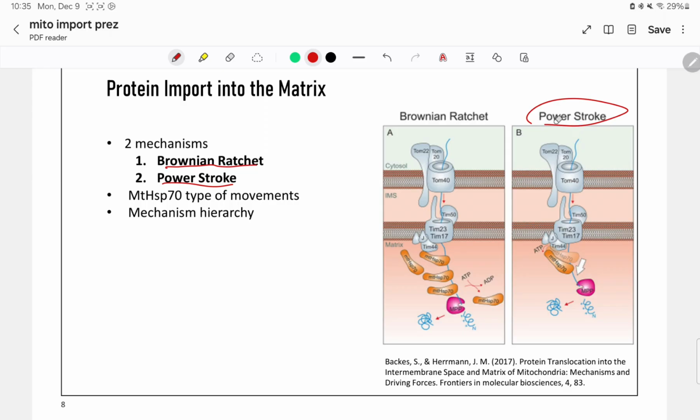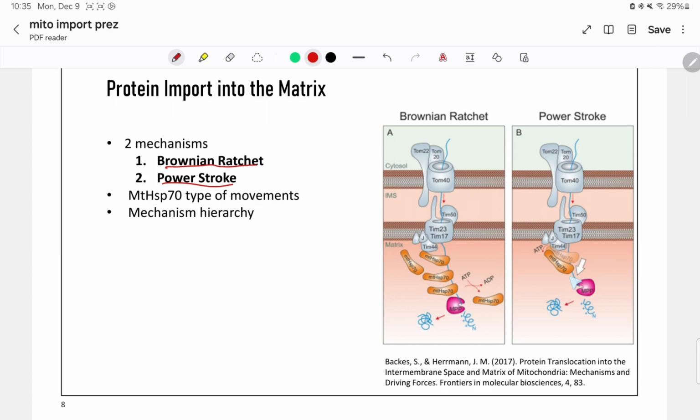The second one is this power stroke mechanism, okay? And this power stroke mechanism is, again, proposed that upon ATP hydrolysis and the separation of mitochondrial HSP70 from TIM44, the mtHSP70 will actually change its structure and do a sort of mechanical pulling of the precursor protein into the matrix, which occurs in a step-by-step fashion, okay?